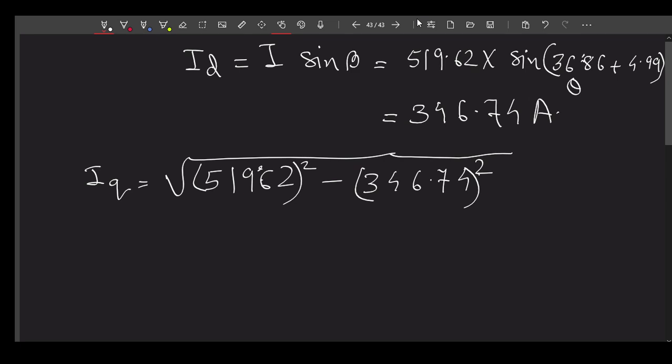Because we may use this relation also. So it is 387 ampere.